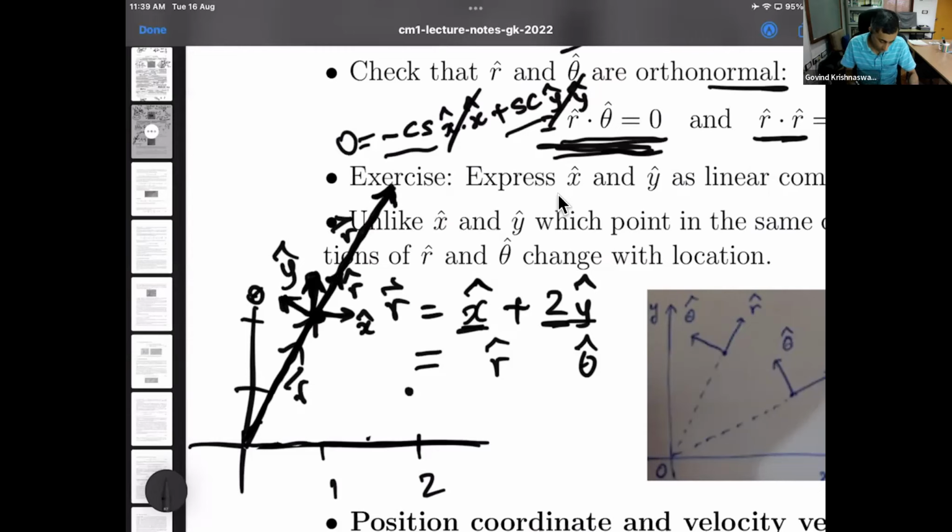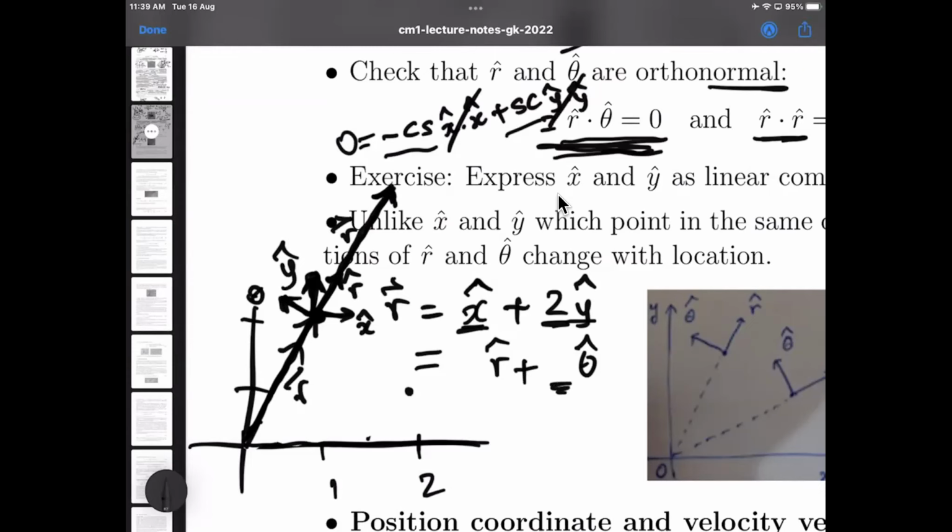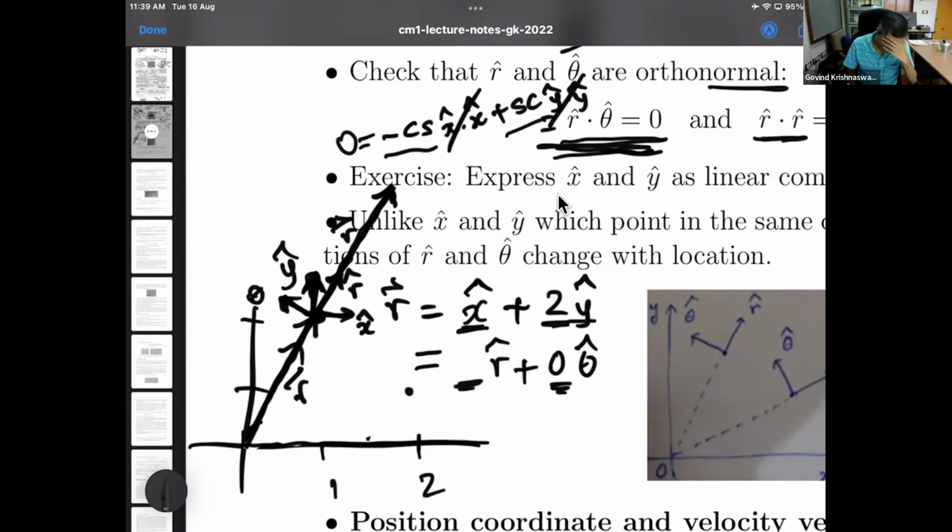I hope you will agree with me. Well, you tell me what are the coefficients. What's the coefficient of theta hat? Theta hat is 0. Indeed. And what's the coefficient of r hat? R hat is root 5, I think. Square root of 1 squared plus 2 squared. Okay, so square root of 5. Very good. So you have solved the problem very nicely.